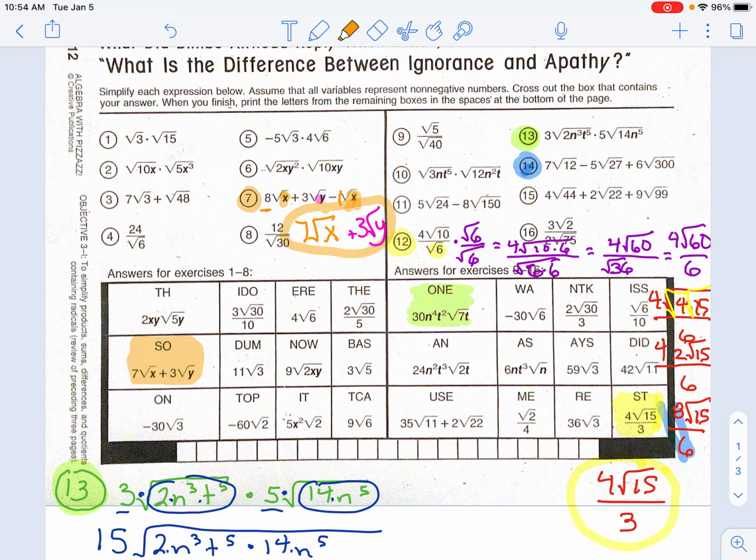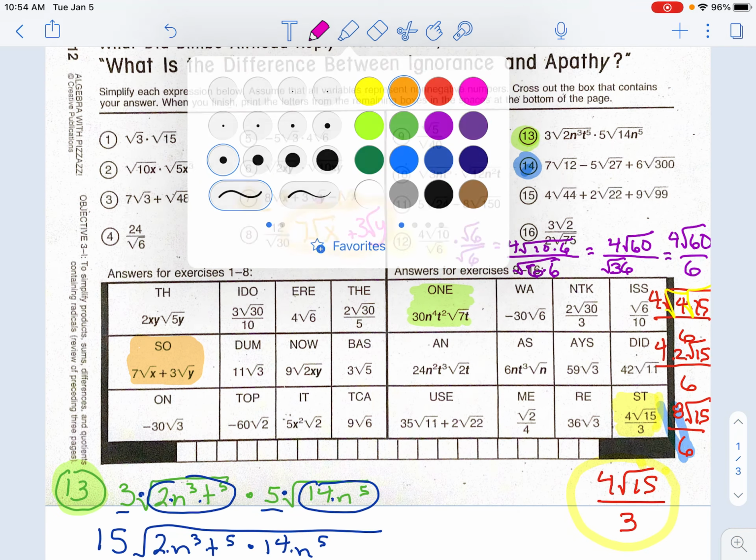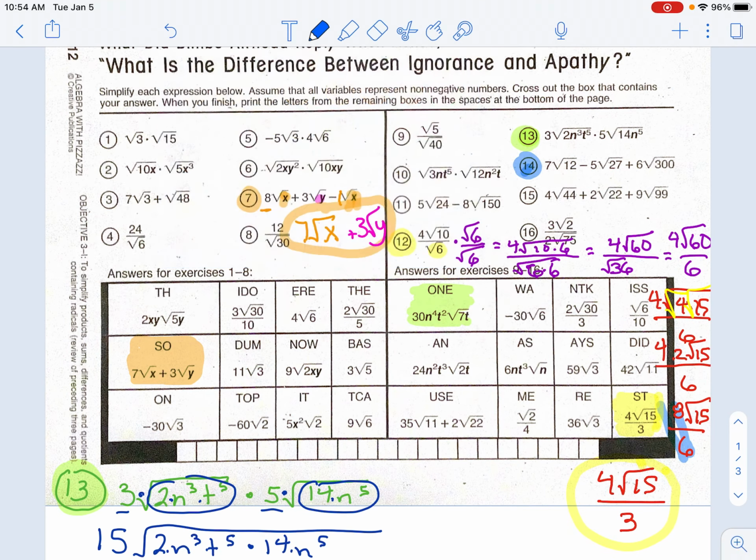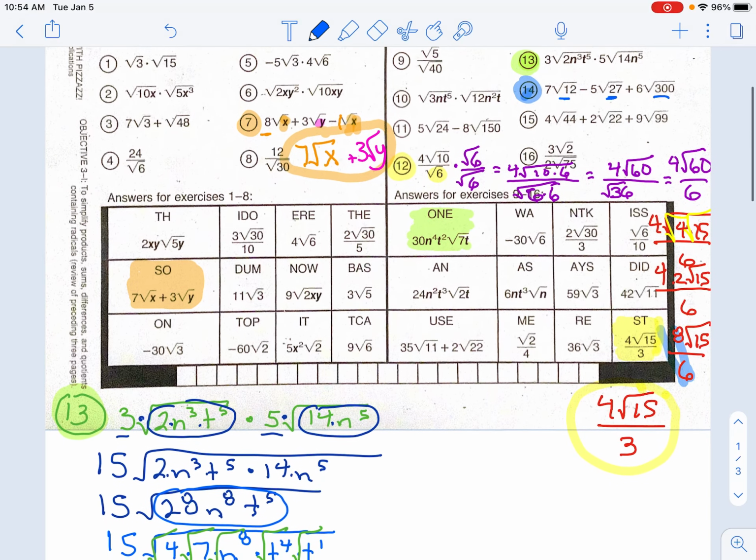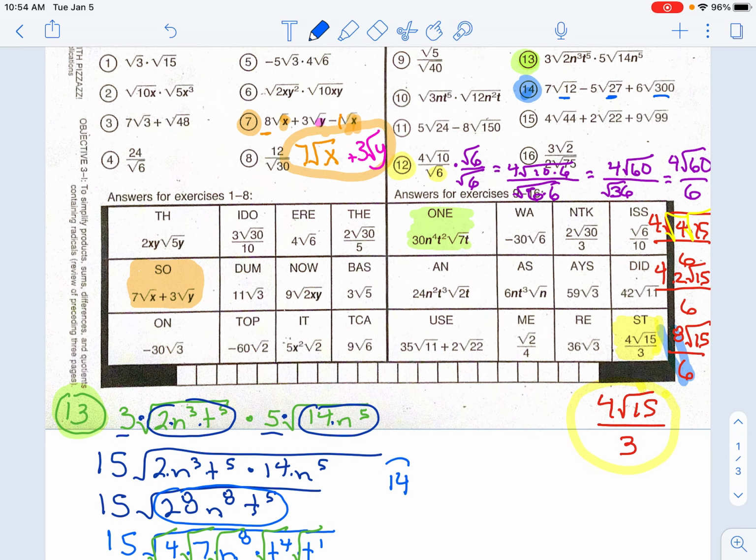And if we look at question number 14 right now, and we look at the radicals, we have 12, 27, and 30. None of them can be combined because none of them are the same number. But if you look at the square root of 12, that is not in simplest radical form because 4 goes into 12 and 4 is a perfect square. So what we need to do with number 14 here is we need to make sure each of the pieces of this expression, each of the terms, is in simplest radical form.